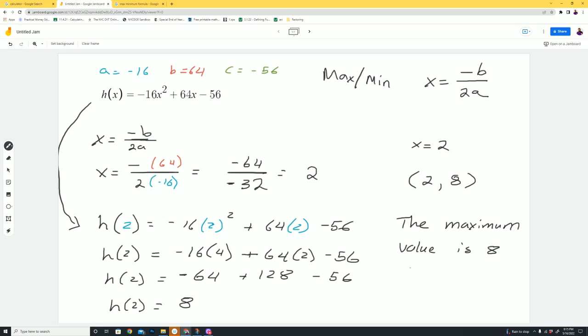I believe this one we're looking at feet. So our maximum value is 8 feet. And this right here would be your solution. And it's 8 because the y value is how high or how low it goes. There we go, guys.